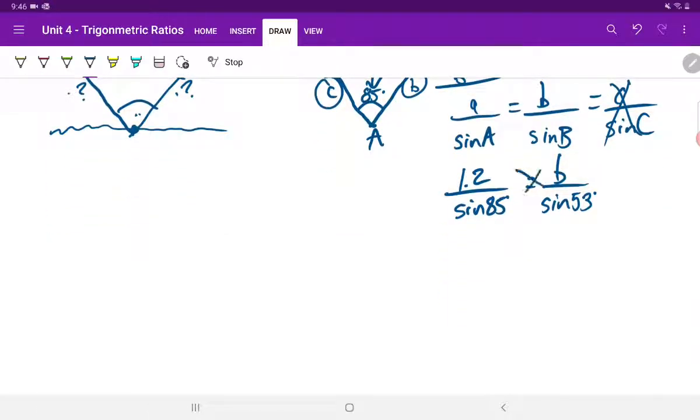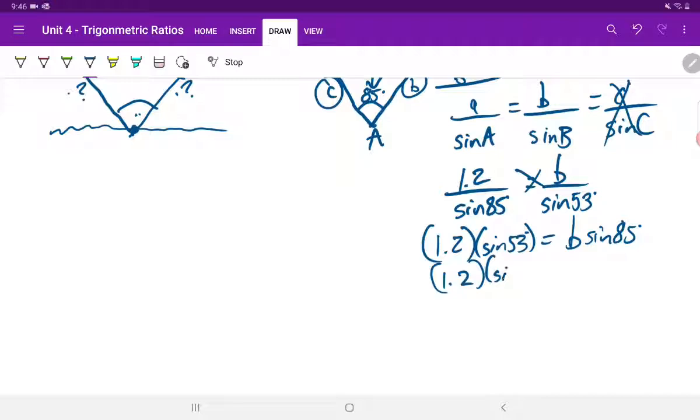Okay, cross multiply. Divide out the sine 85 onto the left. And work this out on your calculator.